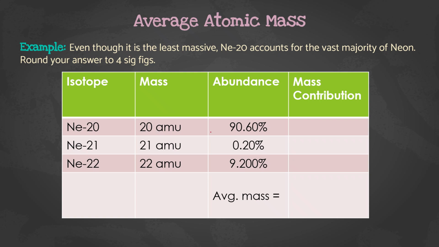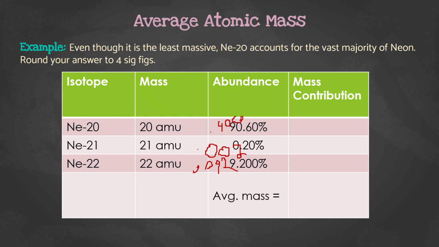So this is 0.906. This is 0.002. And this is 0.092.